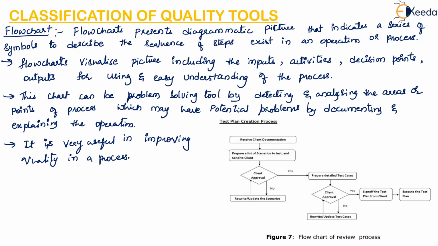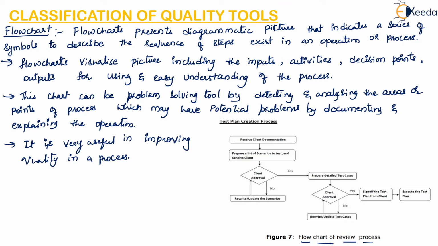Here is an example of a flow chart of a review process. There are different types of symbols used. The first one is the input, that is, receive client documents. Then it is passed on to prepare the list of scenarios to test and send to the client.